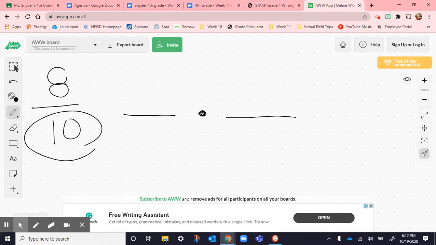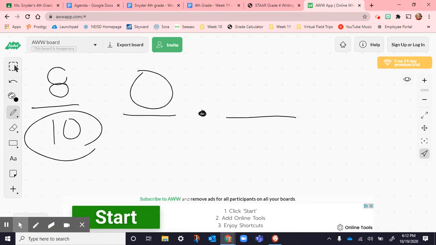We're close, but we're not there yet. It's still a fraction of a whole. So we have 0 wholes, and remember, this is the ones place value, and this is the tenths place value. So when I go to write 8/10, I'm going to put 0 wholes, so 0 and 8/10.